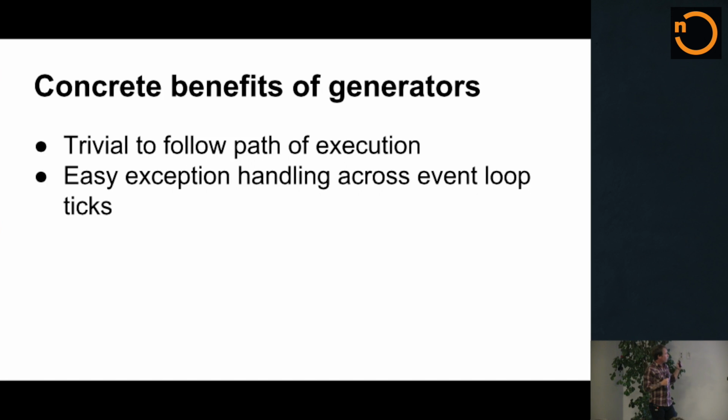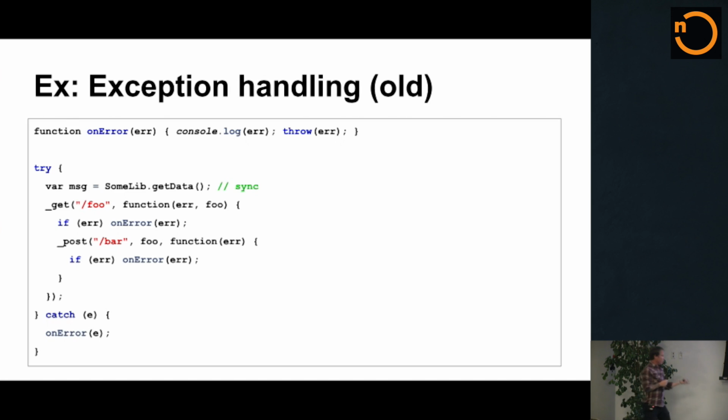OK, so I talked about how much of a pain in the butt it is to plumb exceptions around across different ticks of the event loop. Generators have an answer to that as well. In the first example, I showed you that the try-catch only works with code that could raise an exception on the same tick of the event loop that the try-catch block was evaluated, which doesn't do us any good if we want to raise an error from inside an asynchronous callback and handle it in the same place, unless we do this lame plumbing of error messages through closures.